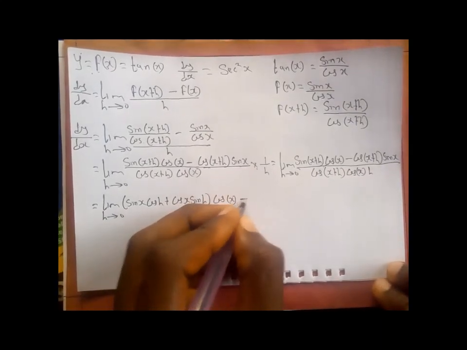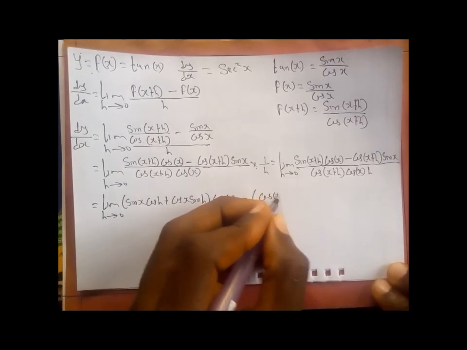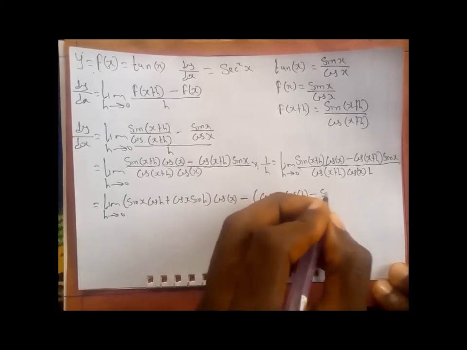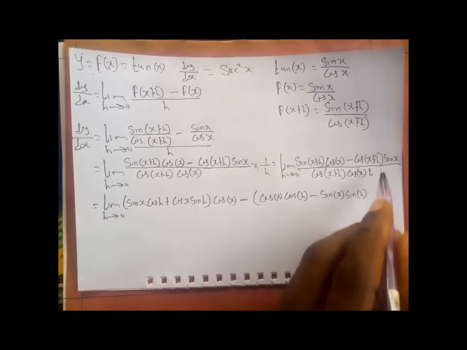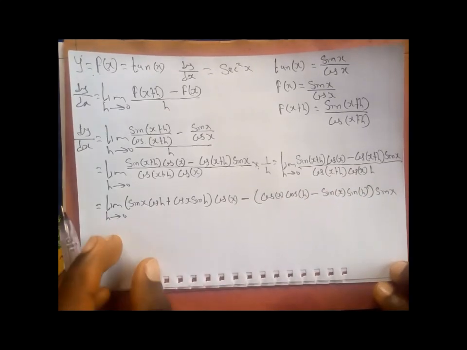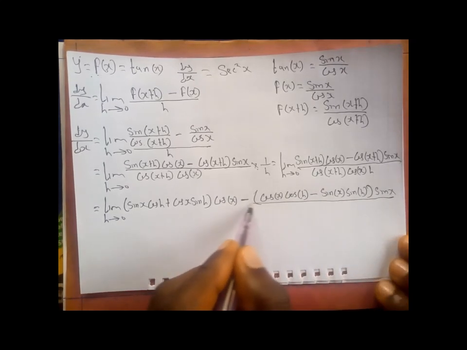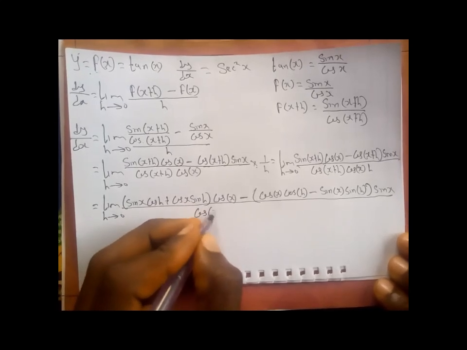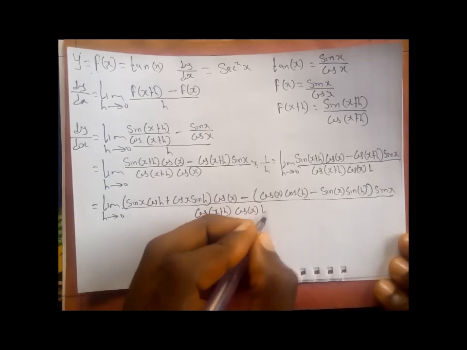So we have minus, and cosine x plus h becomes cosine x cosine h minus sine x sine h. And outside it, we have sine x. Perfect. And as you can see, everything is divided by cosine x plus h times cosine x times h.